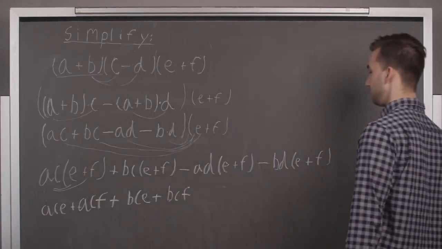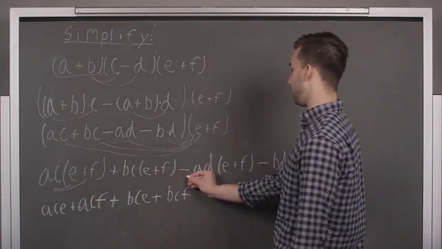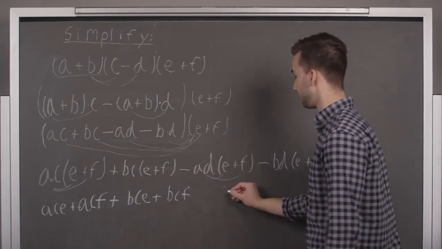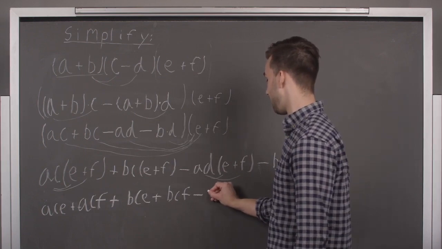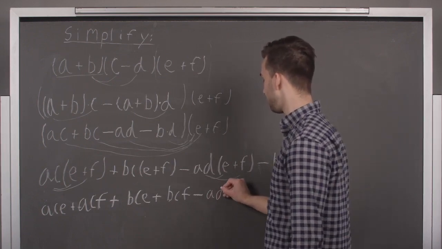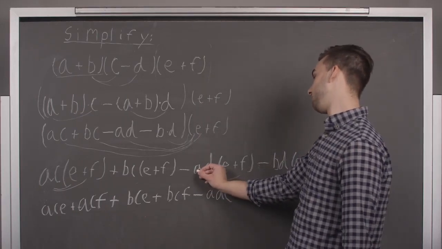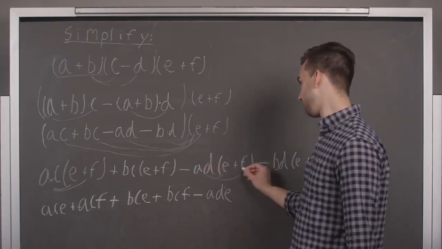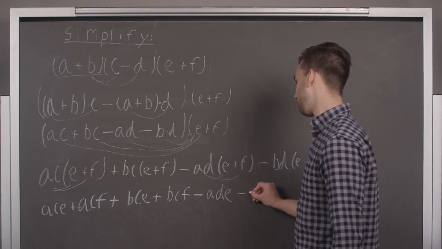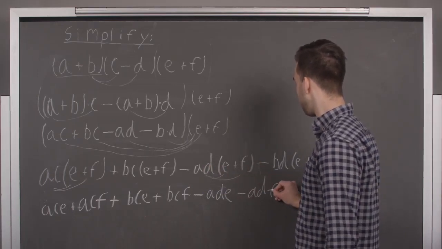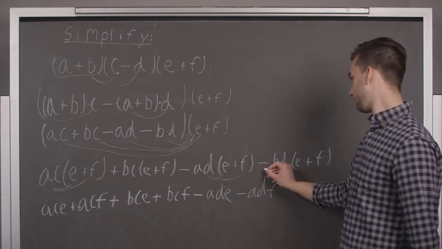Okay, let's keep going. Then we have a minus here, so minus ADE, and then it's still minus because the outside is minus times the inside, so minus ADF. So we're done with this. Let's move over here.